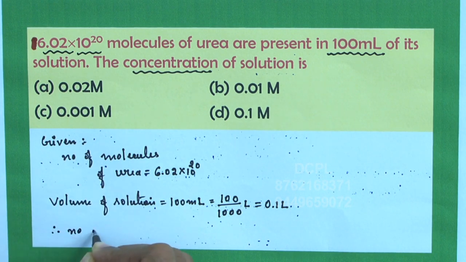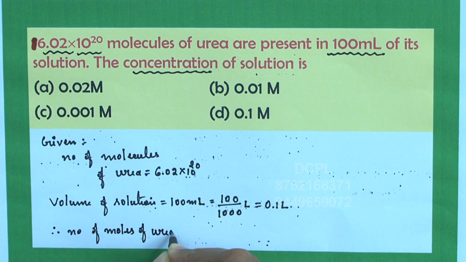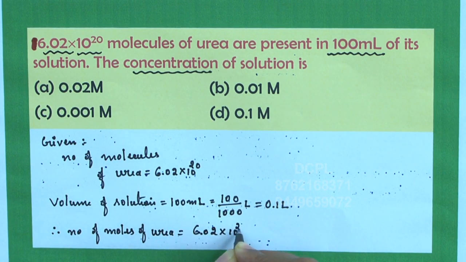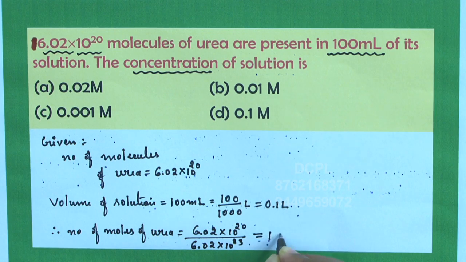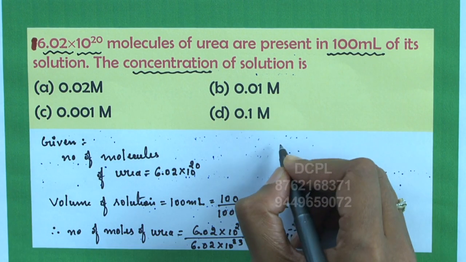Therefore, the number of moles of urea is nothing but 6.02 into 10 to the power 20 divided by Avogadro number 6.02 into 10 to the power 23, which is equal to 1 into 10 to the power minus 3 mole.